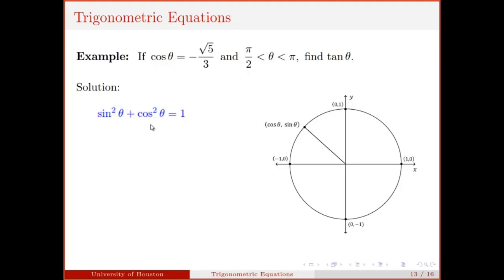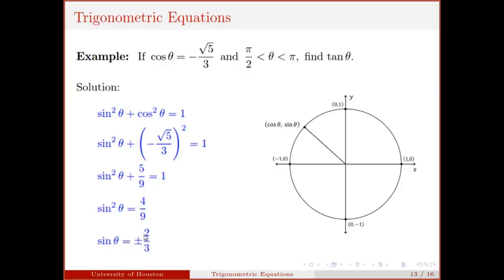If we substitute the value minus root 5 over 3 for cosine theta, we get sine squared theta plus minus root 5 over 3 squared equals 1, which means sine squared theta plus 5/9 equals 1, which means sine squared theta equals 4/9, which means sine theta equals plus or minus 2/3.